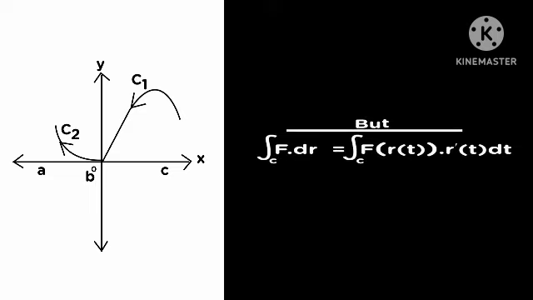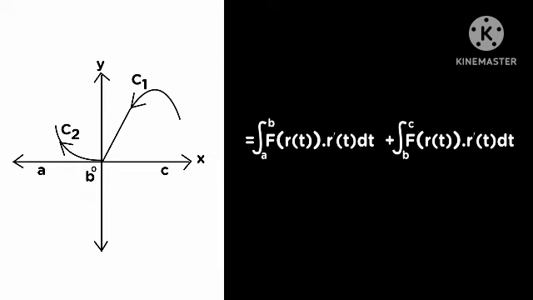But the line integral over a curve is equal to the integral of the function r(t) times the derivative of the function with respect to time, which will give us the line integral from point A to point B of r(t) times r'(t) dt, plus the line integral from point B to point C of r(t) times r'(t) dt.